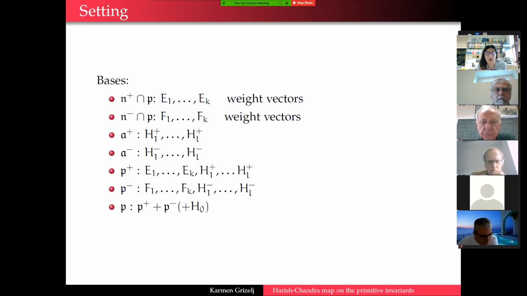But if A and P are odd dimensional, then first we have to choose a vector, let's call it H0. H0 is not isotropic. All the others are, but not H0. It pairs with itself to 1.